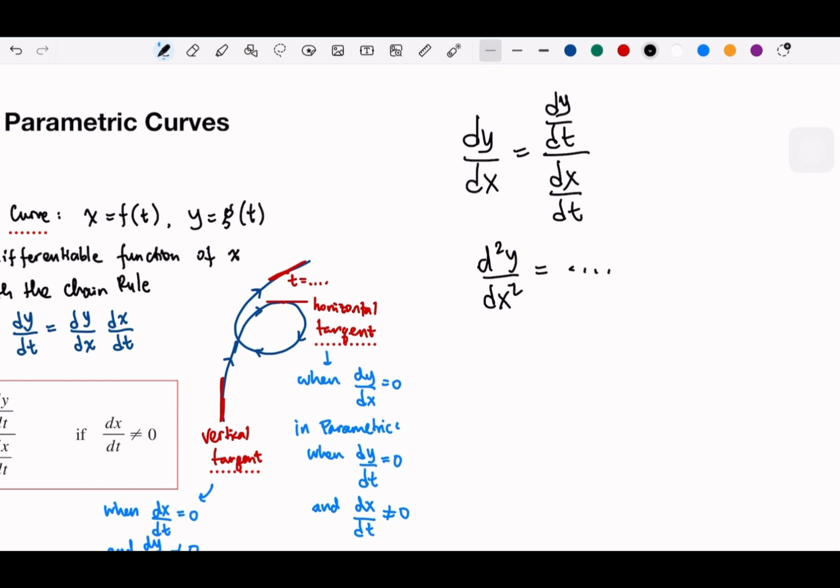I will just explain. Usually I give you an example, but now I just explain everything. This is the first derivative. To find the second derivative, some of you maybe think, oh, okay, we differentiate dy dt, we differentiate dx dt, and that is the second derivative. It seems okay, but that is wrong. Do you know why it's wrong?